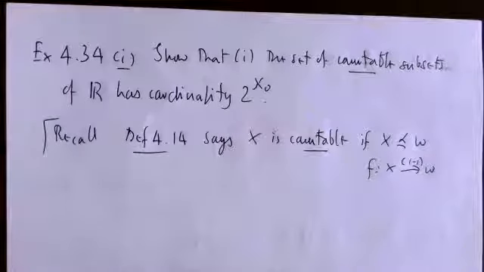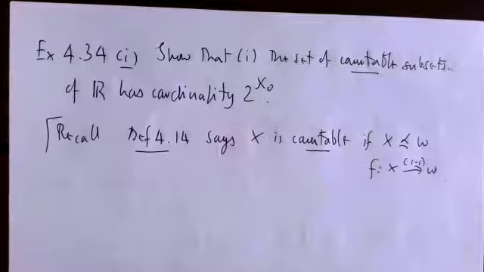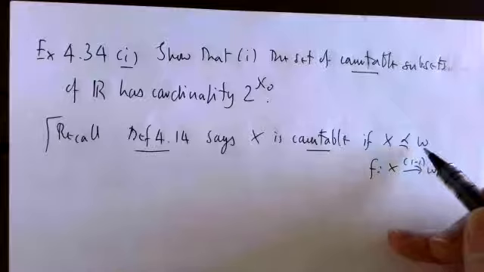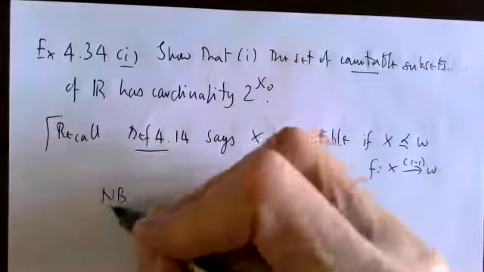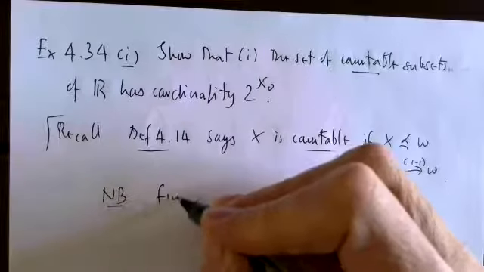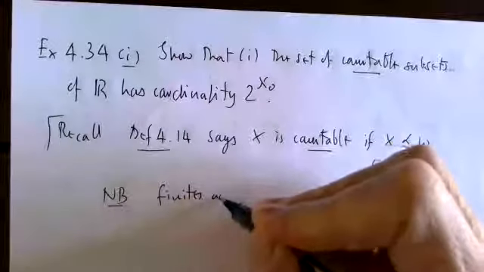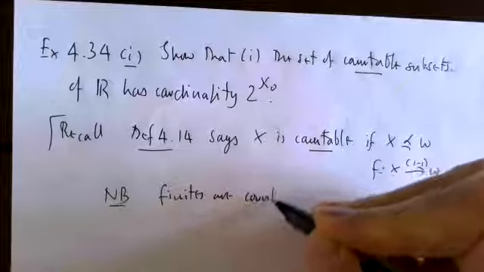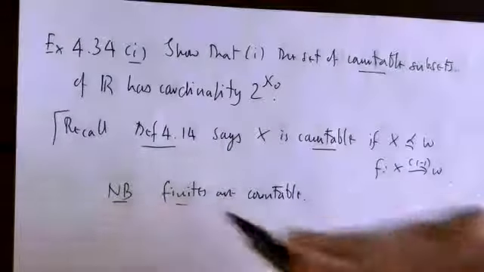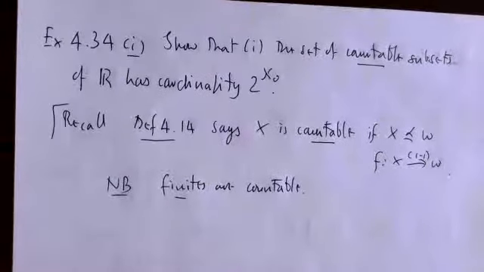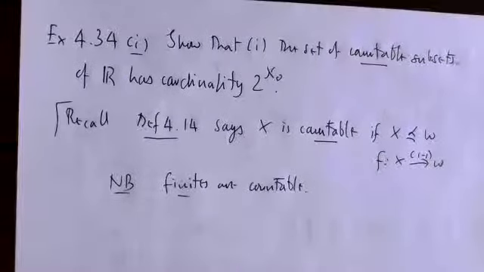We say countably infinite to mean that there's a one-to-one map of it into omega, but it's also infinite. So officially speaking, finite sets are countable.